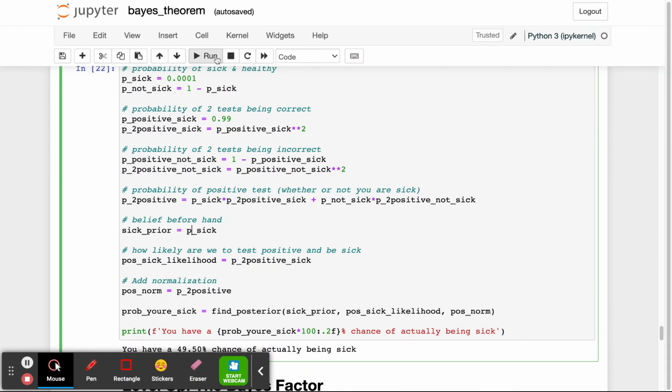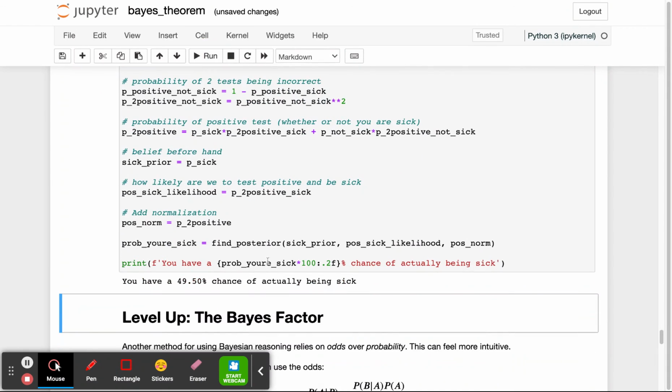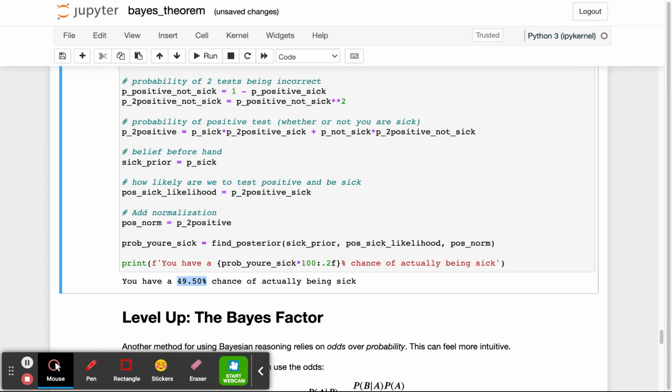So we have all of that. We substitute into our formula, our function, and we have the probability of being sick now.